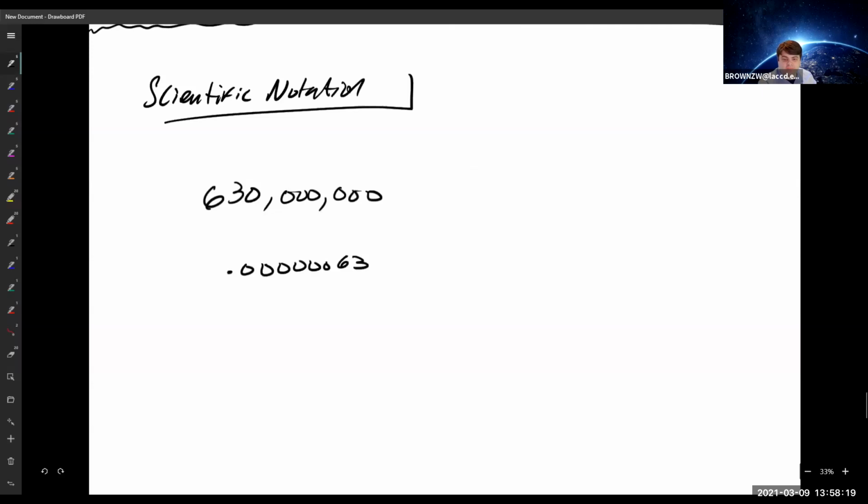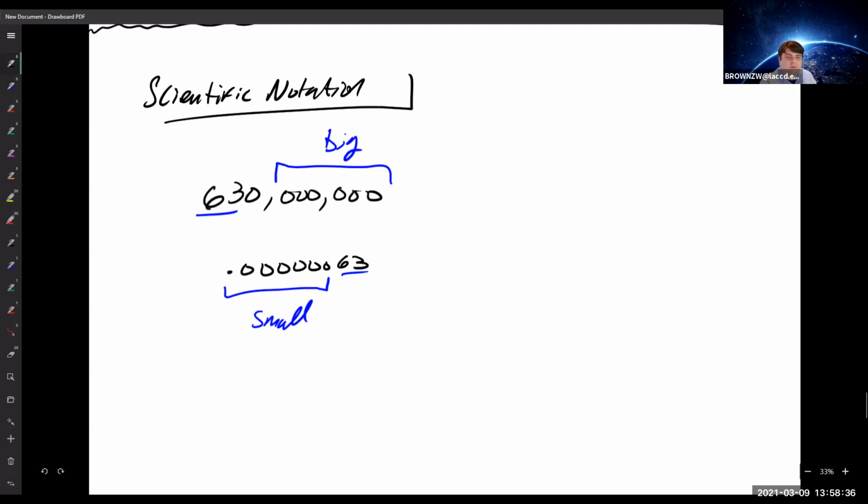So in both cases here, the only numbers that really matter are the 6 and the 3. All the zeros do is tell me that the number is a really big number. These numbers here tell me that the number is a really small number.